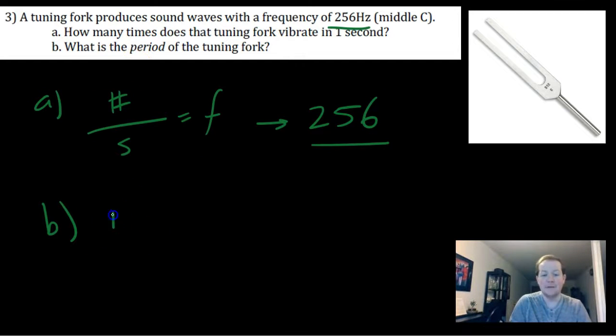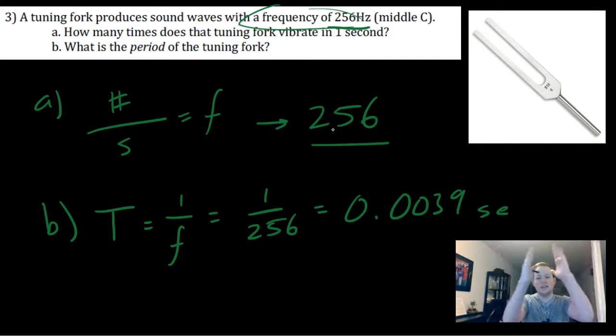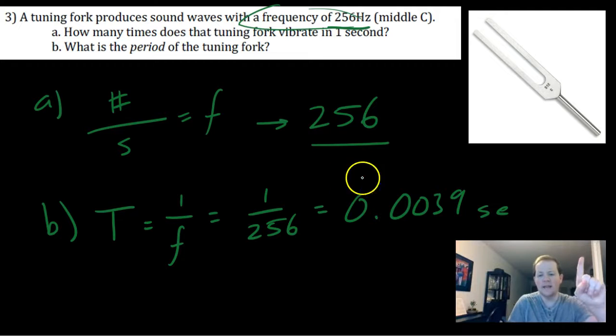For B, it's asking for the period. Now that we know what the frequency is, or in fact, we already knew what the frequency is, the period is 1 over f, so that's 1 divided by 256. You punch that into your calculator, you get a very, very small number. And that should make sense because, oh my gosh, it's doing this 256 times in 1 second.